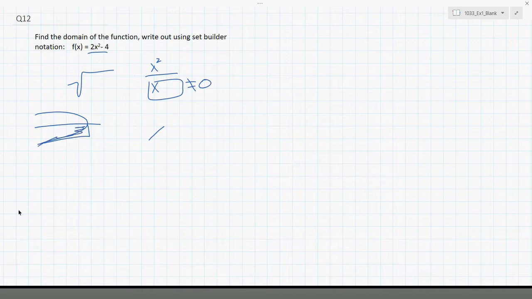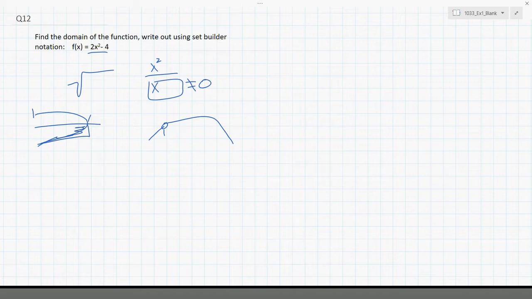So this whole side just doesn't exist, and then you get that half turn graph that you've seen before. I'm going to draw that back because I want that back. So those are the only two instances in which there would be a problem with your functions. And this one would be a point issue, and this one would be a from here to there issue. Any other instance, it's all real numbers.